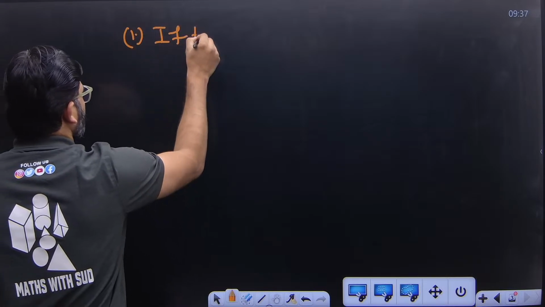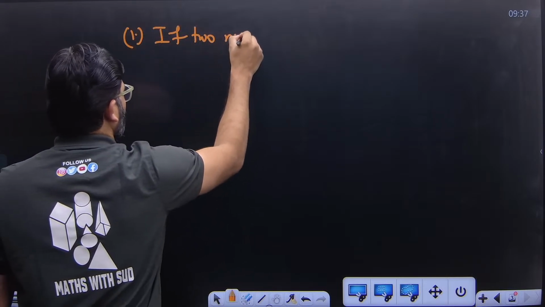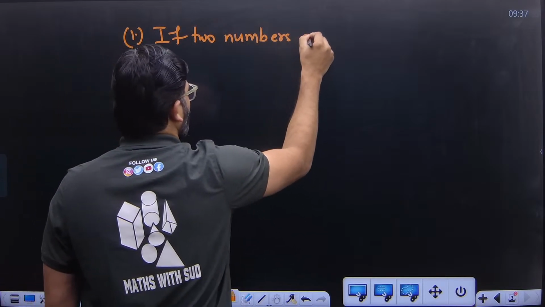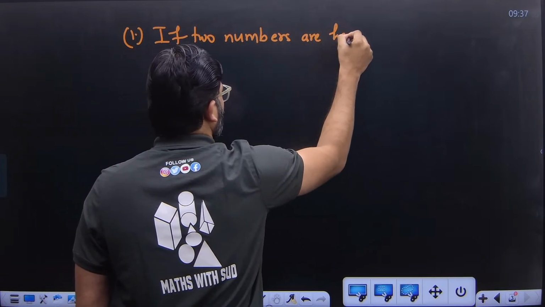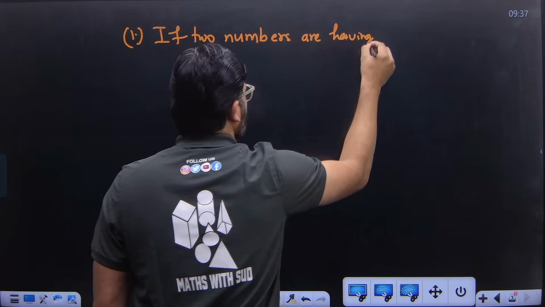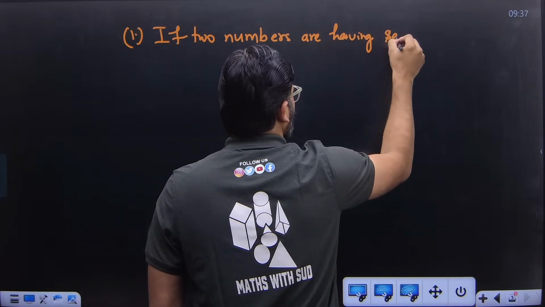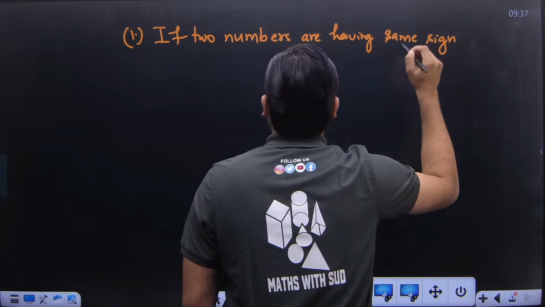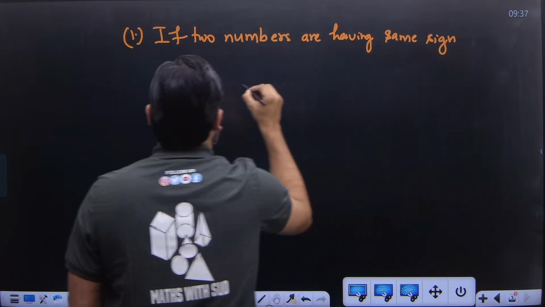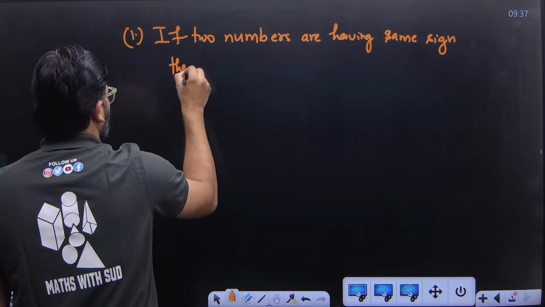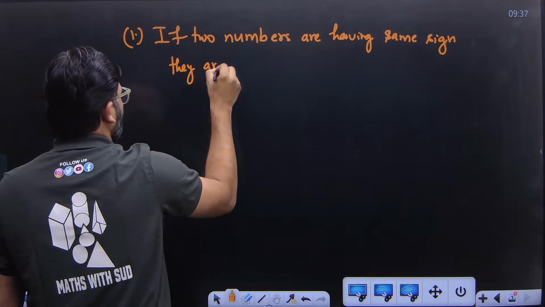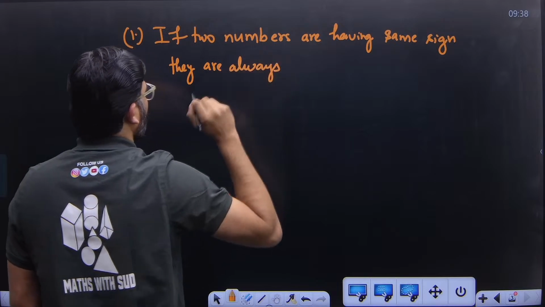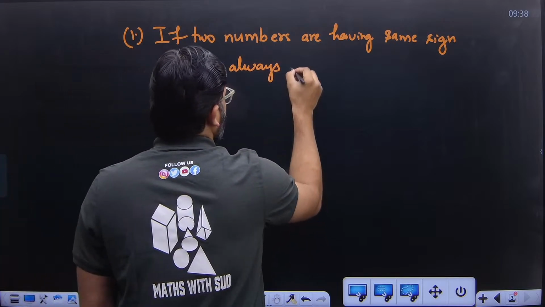if two numbers, you can write down with me, if two numbers are having the same sign, positive or negative, they are always added.